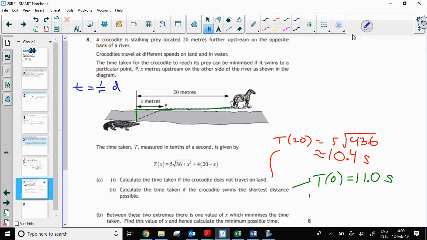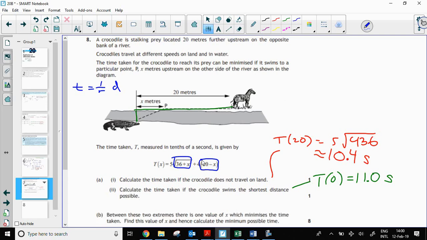And actually, this might be a good moment to just rewind for a second. Some of you might have been wondering where this function even came from. So keeping in mind that time is equal to distance divided by the rate, you can spot here that 20 minus x is the distance that the crocodile is going to be running on land, and root 36 plus x squared is the distance that the crocodile is going to swim.